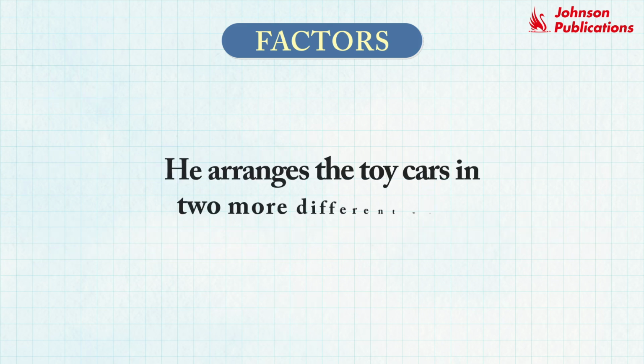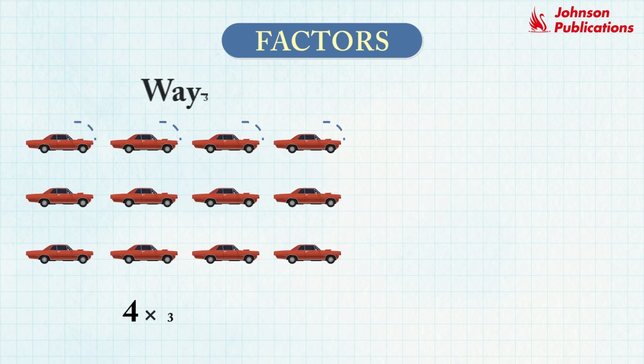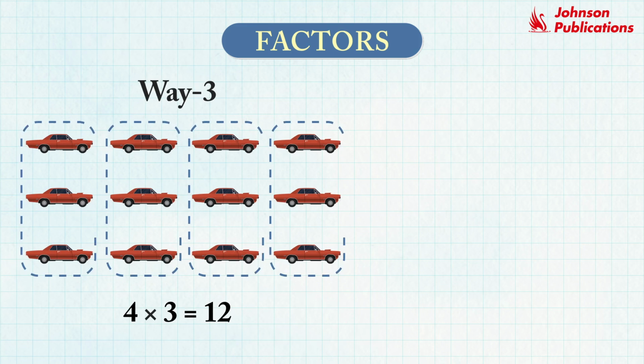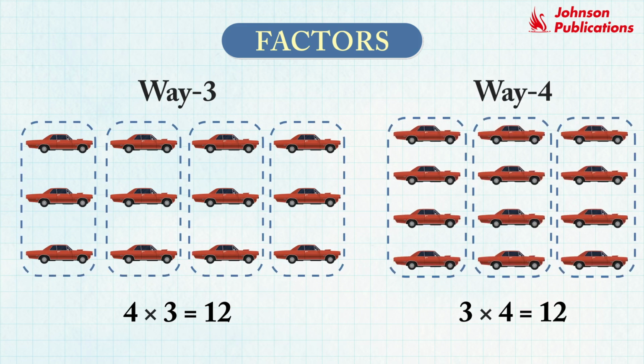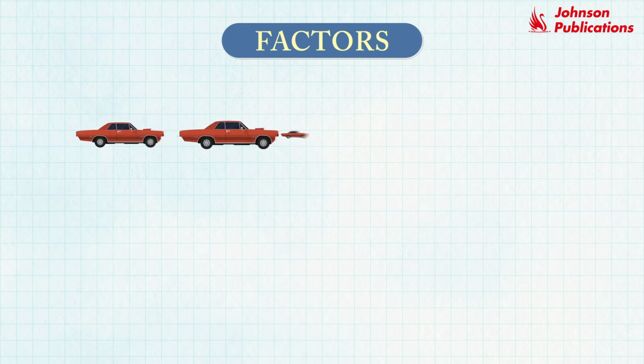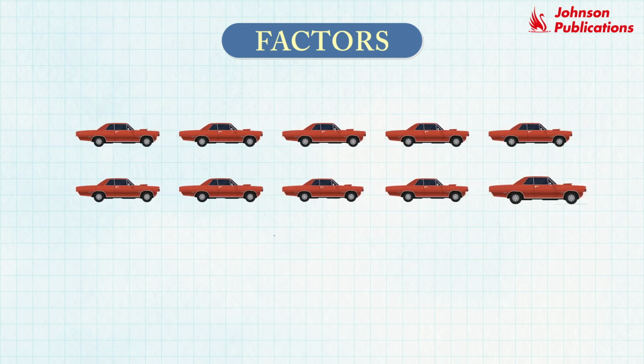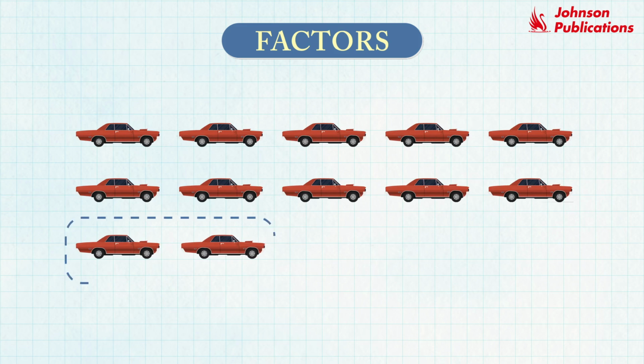He arranges the toy cars in 2 more different ways. 4 groups with 3 toy cars in each group, and 3 groups with 4 toy cars in each group. If he arranges 5 toy cars in one group, then 2 will be left out. So, he cannot group them equally.